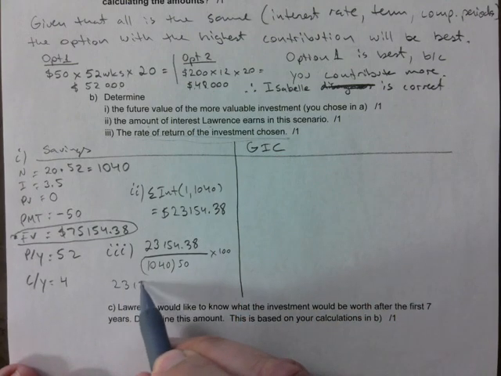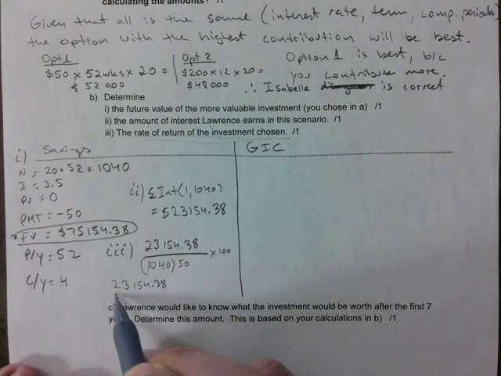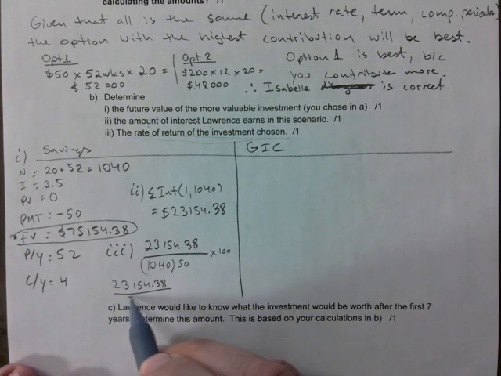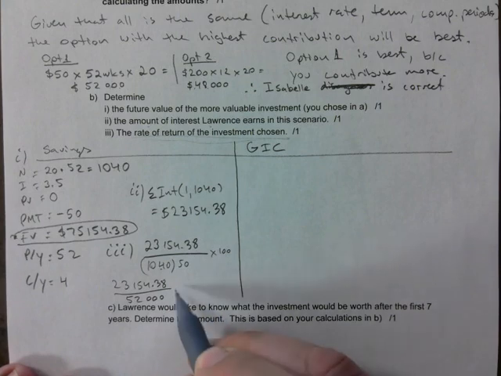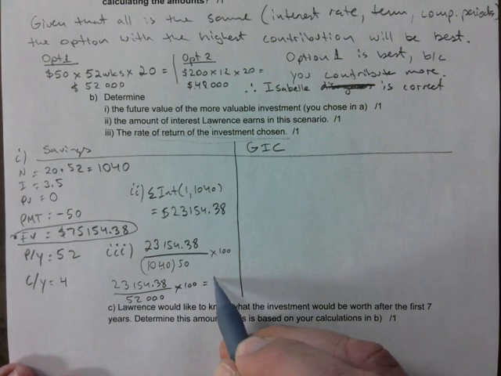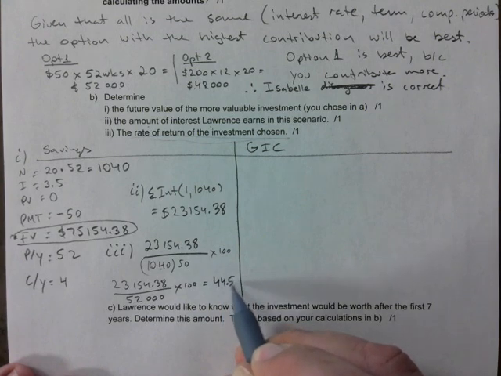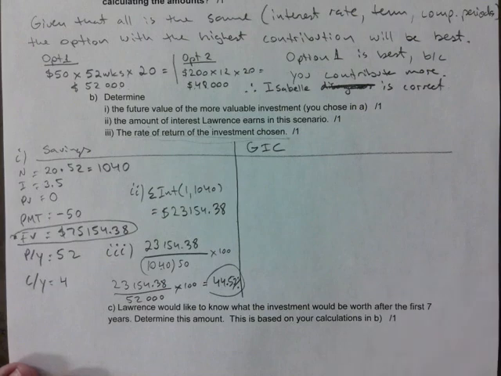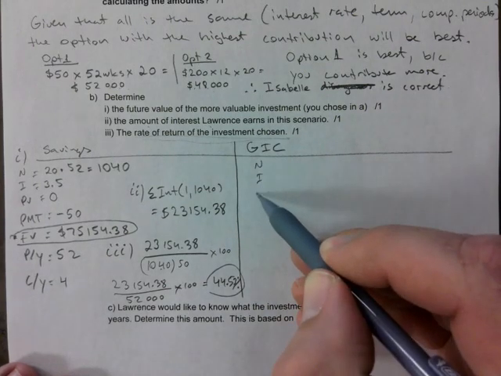So it's 23,154.38 over. When you multiply these two, you get 52,000 times 100. And that ends up being 44.53%. Okay, 44.53%.